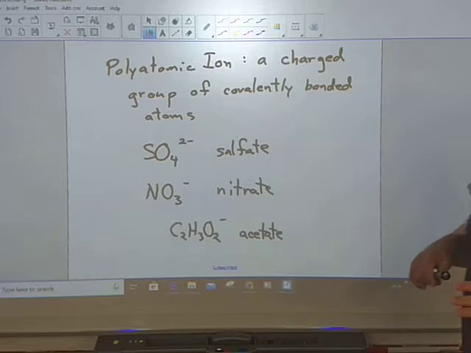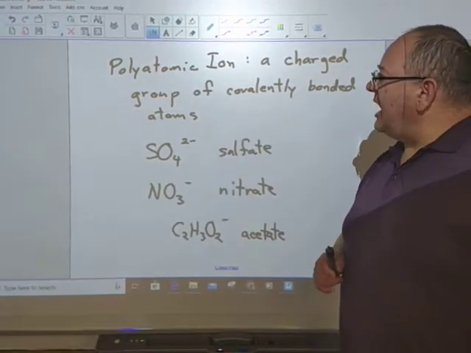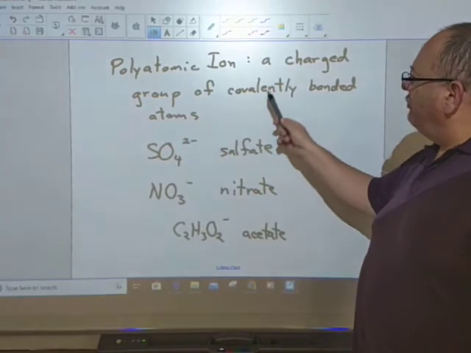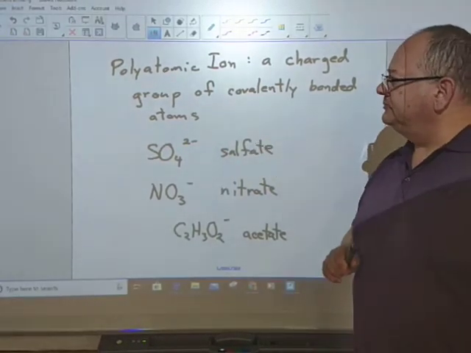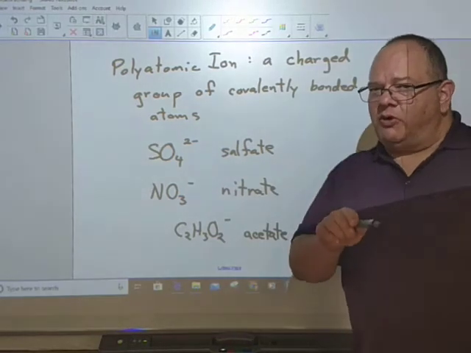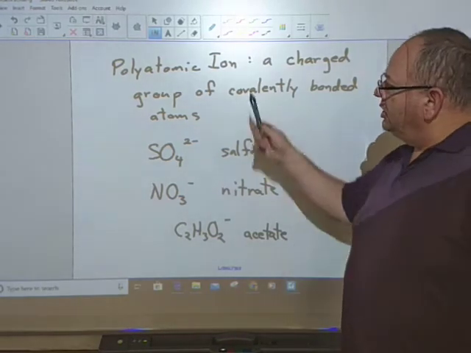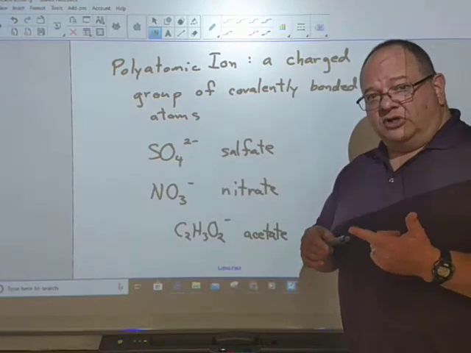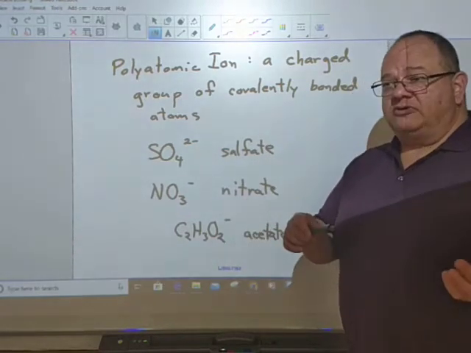So let's start out with that first term, polyatomic ion. It's a charged group of covalently bonded atoms. And if you think about the vocabulary that you already know or should know, you know that an ion was a charged particle that resulted from gaining or losing electrons.